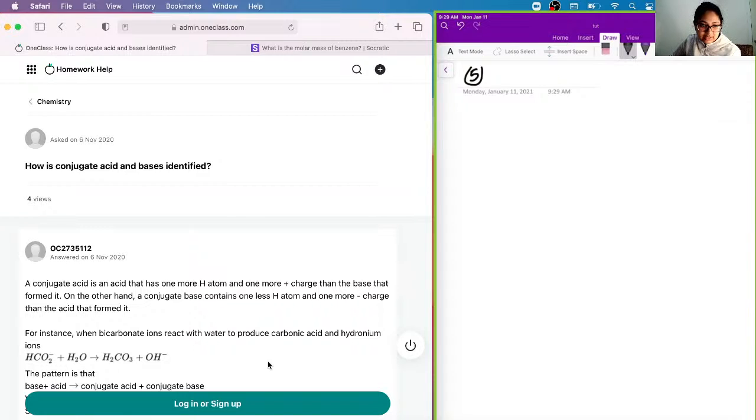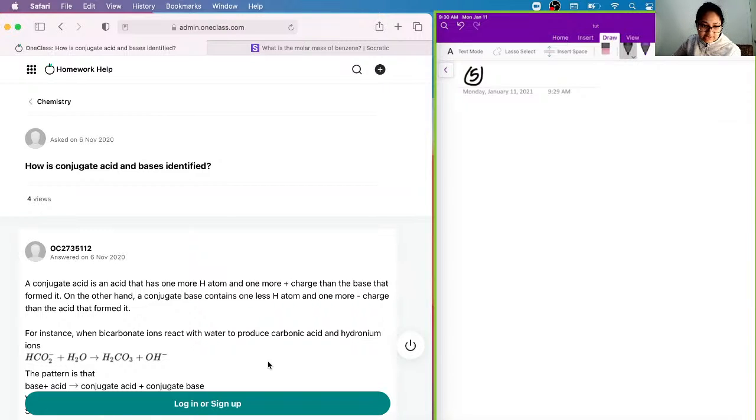Bases have an OH, a hydroxide ion attached to them, and in some cases a negative charge. A conjugate base contains one less hydrogen atom and one more negative charge than the acid that formed it.